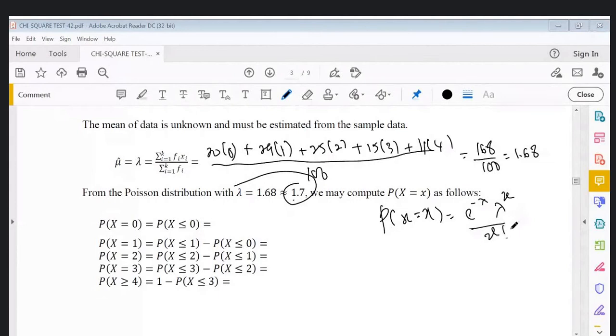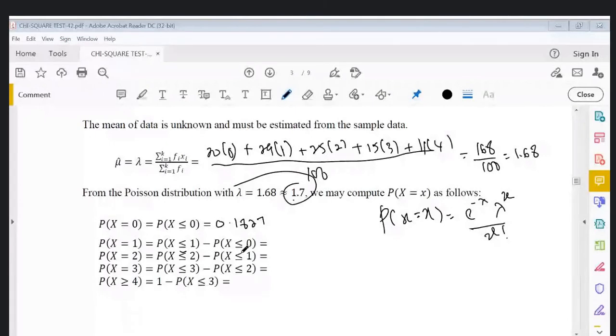Okay, the second, berapa nilai ni? What is the value for P(X less than or equal to 1)? Tak ada sipir kan ni? Kawan awak dah kira.